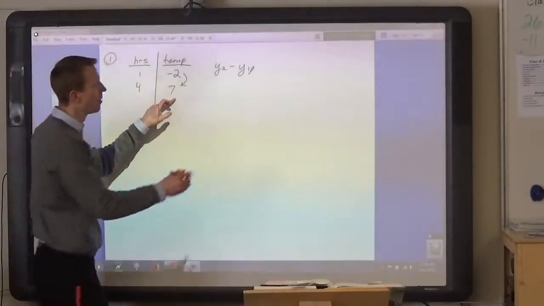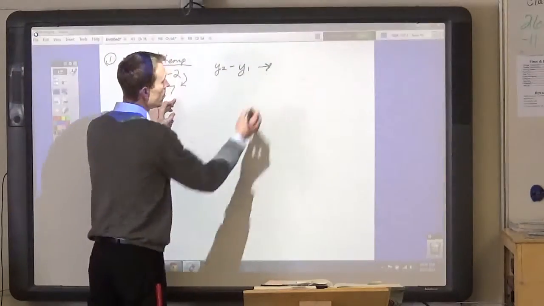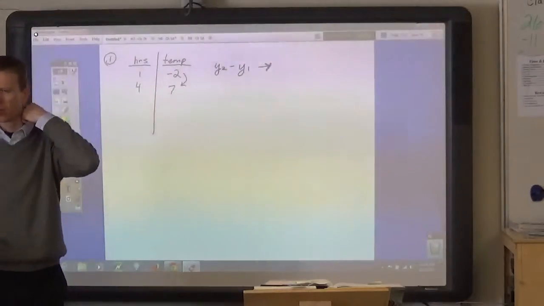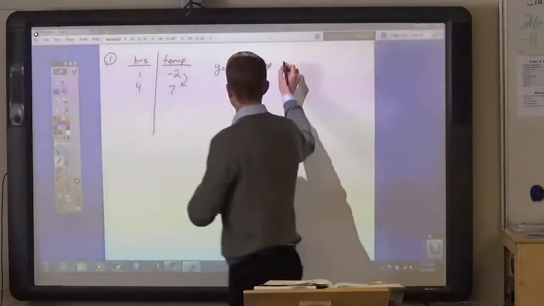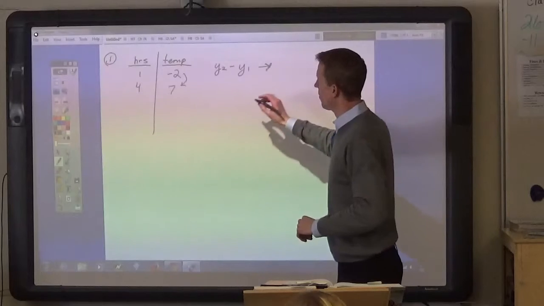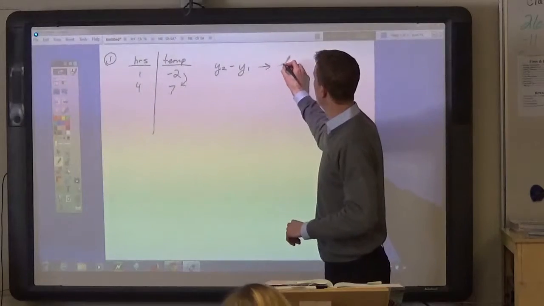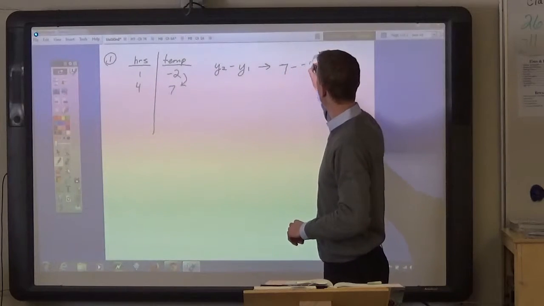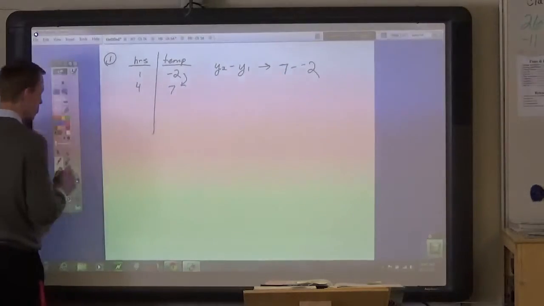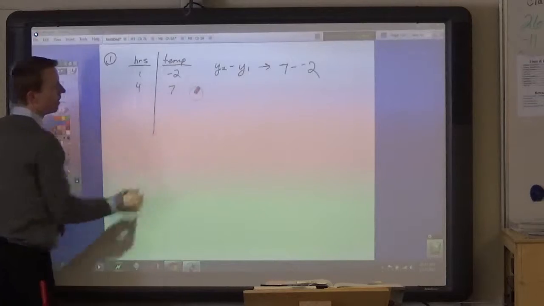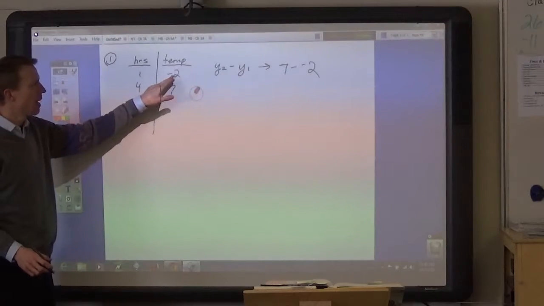Why is y2 the first number? It's just how you'll see it written in the book. Oh, I'm sorry. Negative 7 minus negative 2. If we do y2 minus y1, then it is 7 minus negative 2.